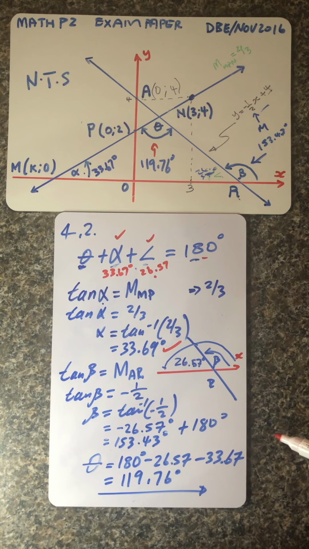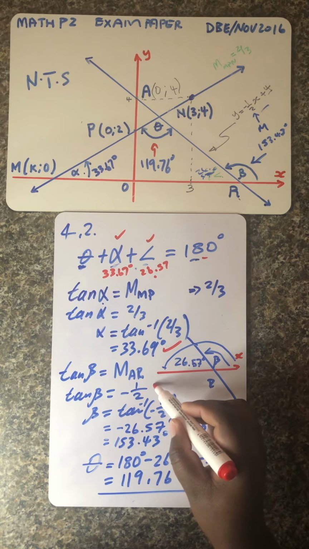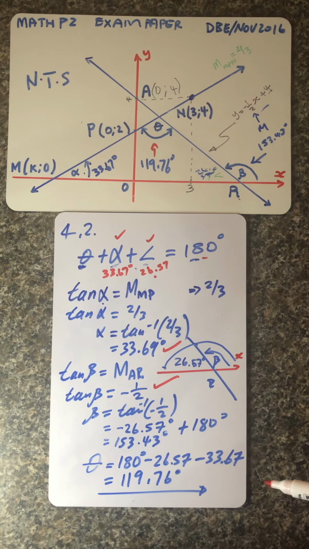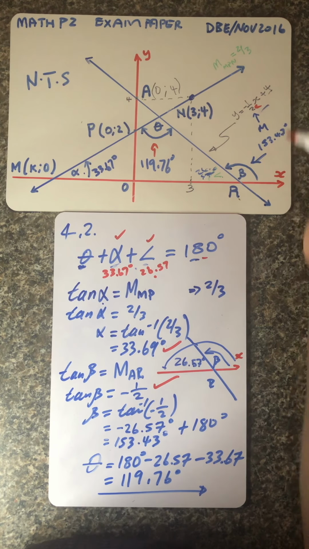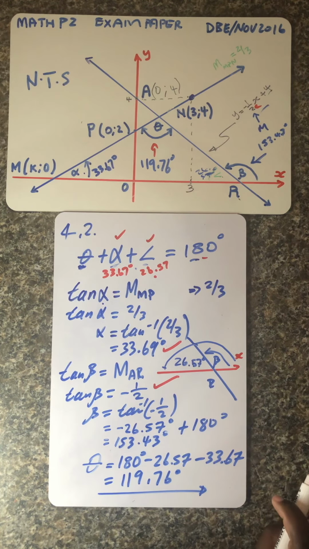Okay, and the other formula comes from, obviously, you being able to notice that this is the formula to use, because for you to notice that the gradient for that line is -1/2, it really indicates that you have a good understanding of what you're doing.